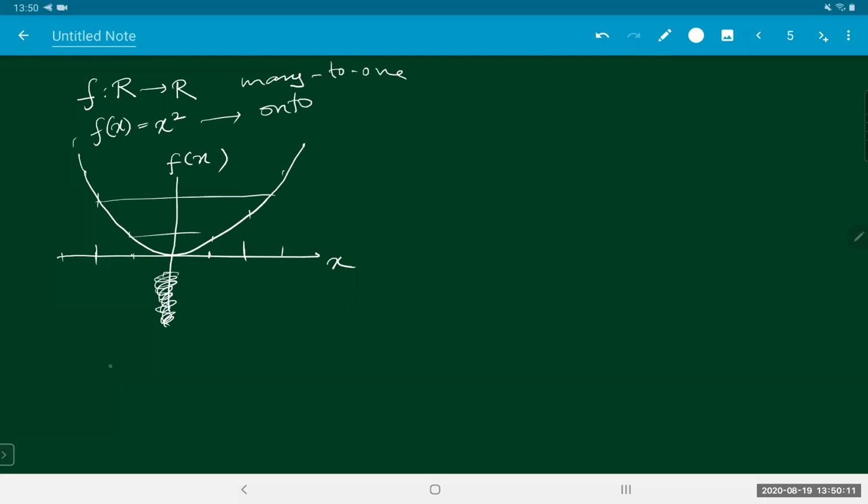Now you can say, okay, suppose I define it as f not going from the entire real numbers, but only from the non-negative real numbers. So let's call it R plus, going to R plus, including 0.